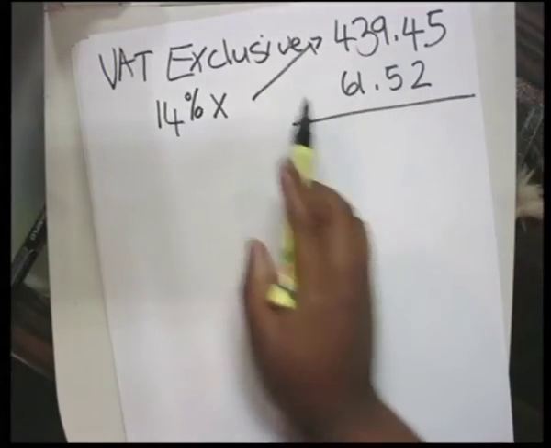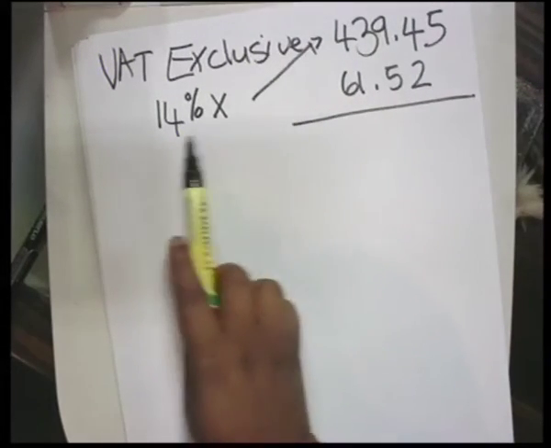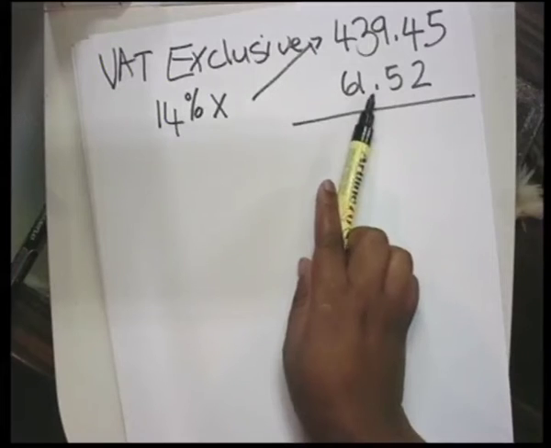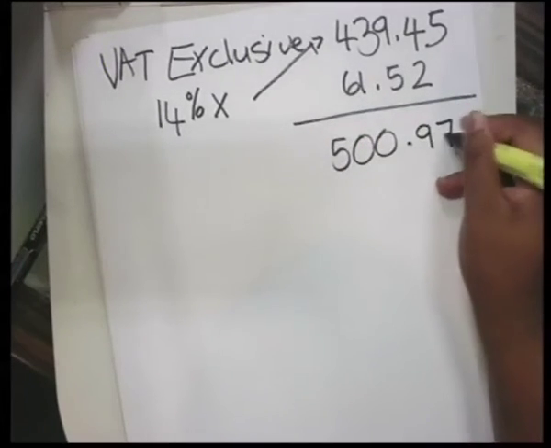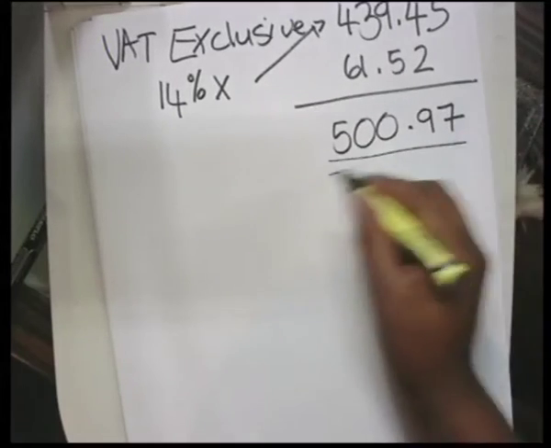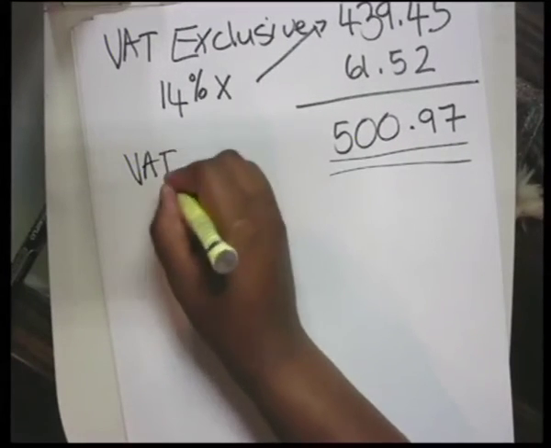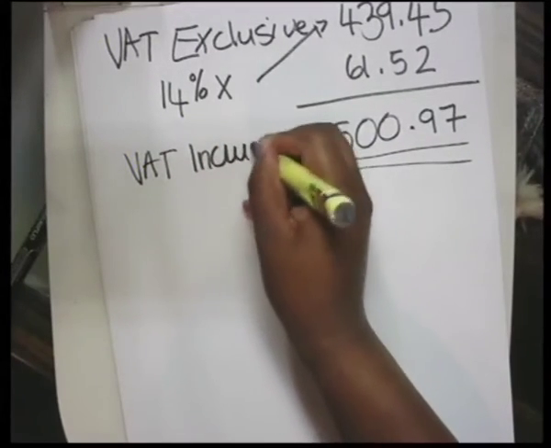If you add your VAT exclusive amount plus your 14% VAT, you will get 501. That's your VAT inclusive amount.